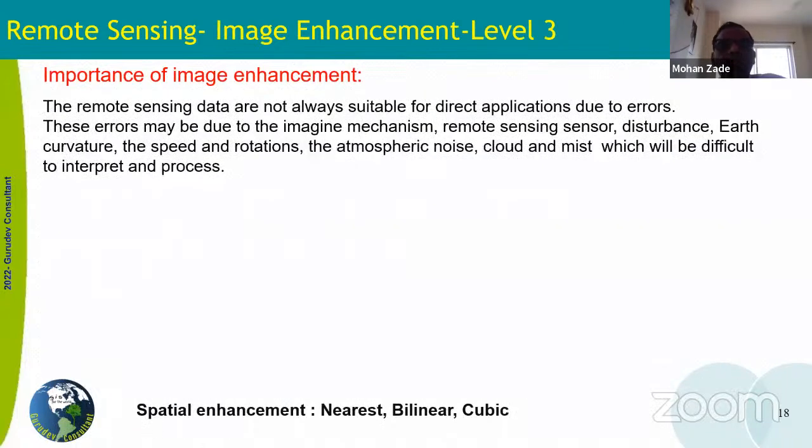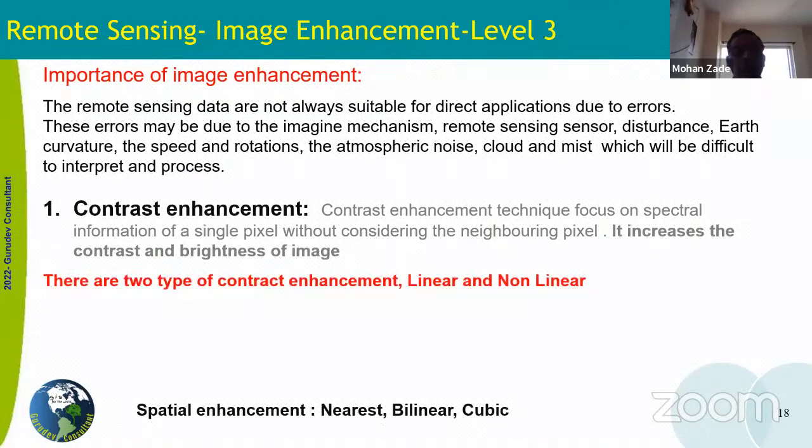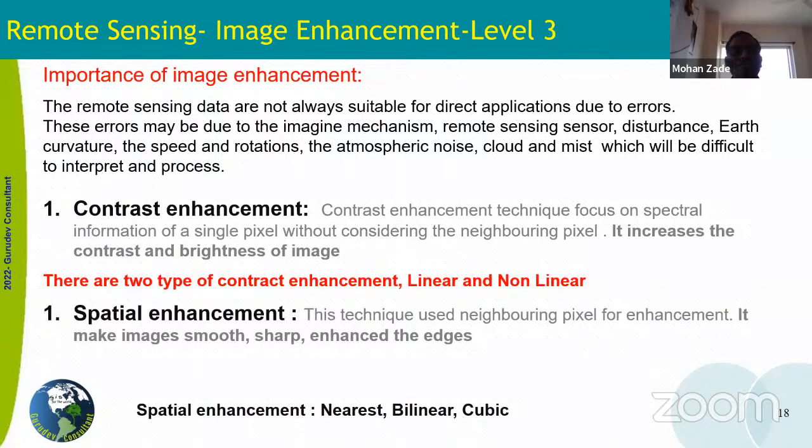Now, once you correct the image, then you need to enhance the image. For enhancing the image, you change a few things: you change the contrast of DN, and you change the spatial enhancement also. Contrast enhancement means it increases or decreases the brightness of the image by changing the histogram.